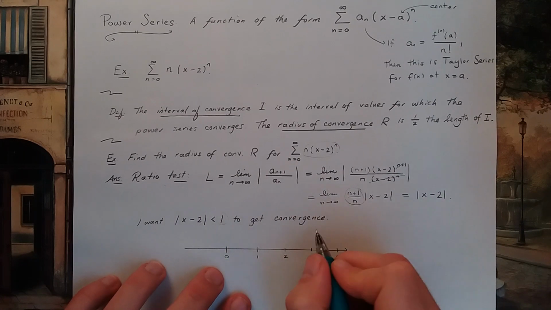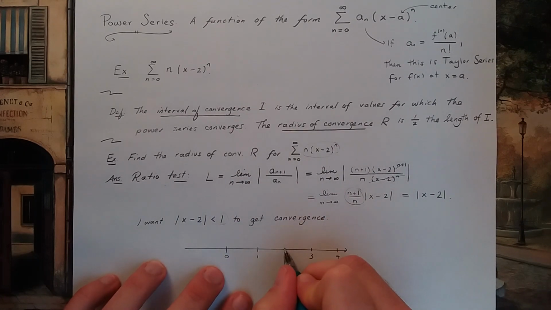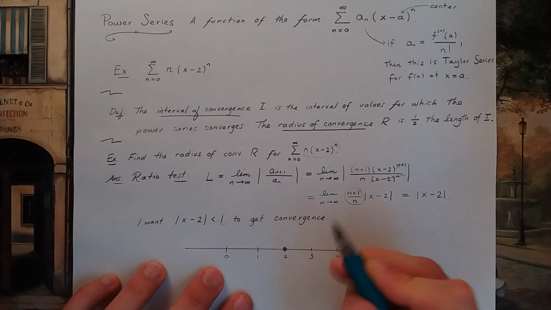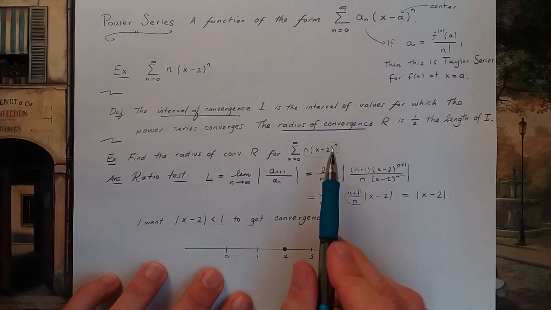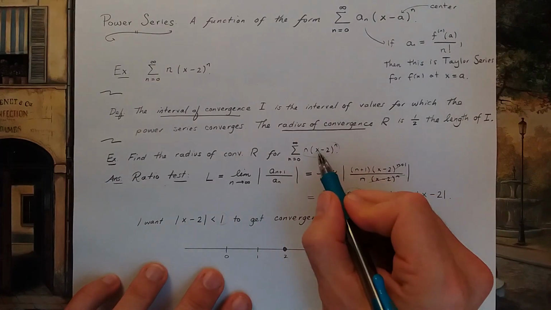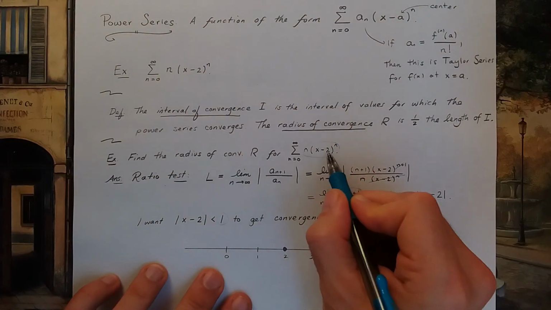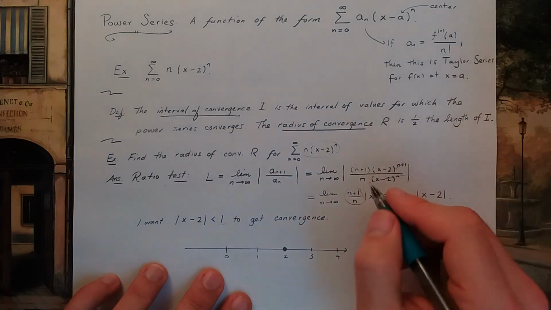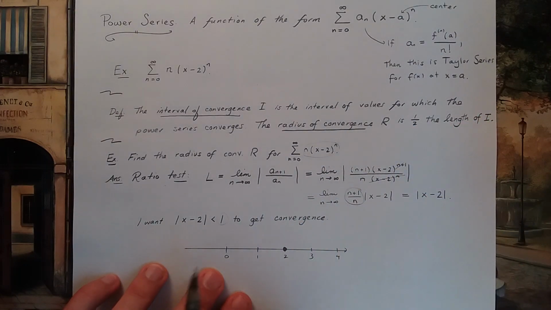So the center of the power series is 2. The center of the power series will always be in the interval of convergence, because if I plug in 2, the center, x minus 2 is 0, and I get a convergent series. So the center is always going to be in the interval of convergence. Then the values of x are distance 1 away from the center.